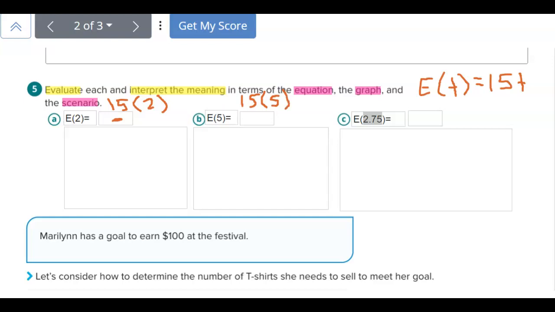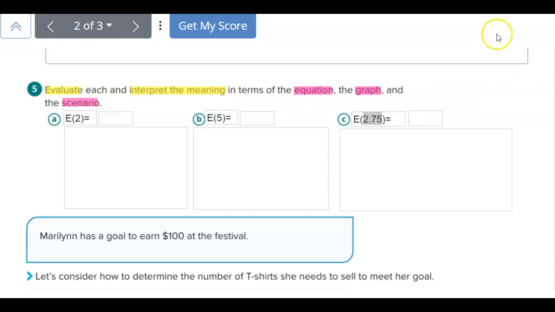And you're going to calculate e of 2.75 by calculating 15 times 2.75 and putting that result in there. So these are your inputs, and then you're putting your outputs in these boxes.